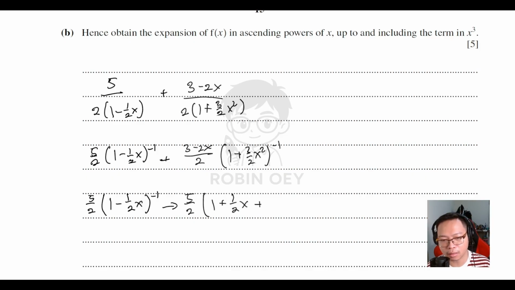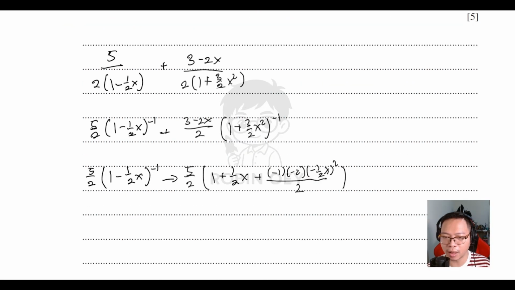The third term would be n times (n minus 1) times x squared over 2, so we are looking at negative 1 times negative 2 times (negative half x) squared over 2. That is the binomial expansion up to x squared.